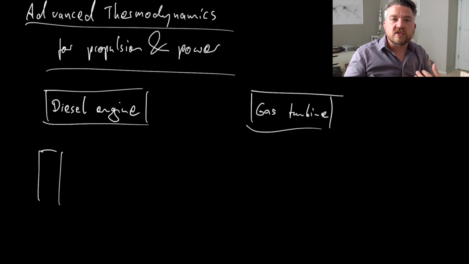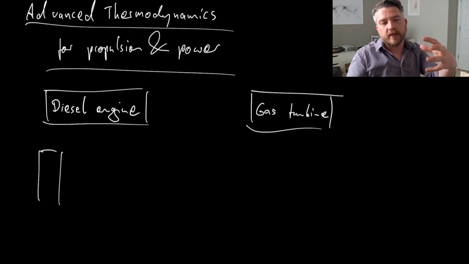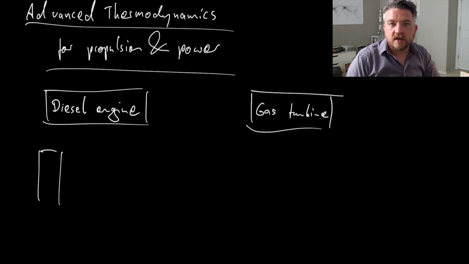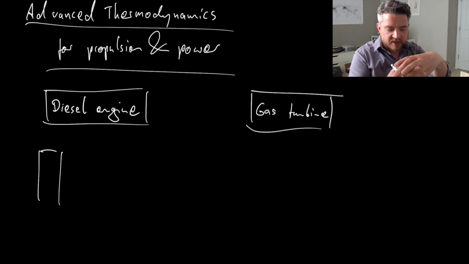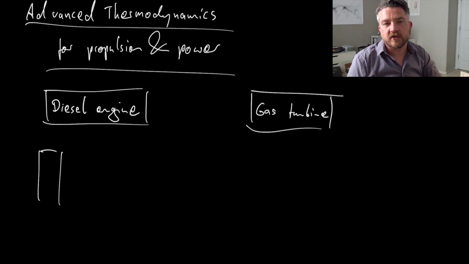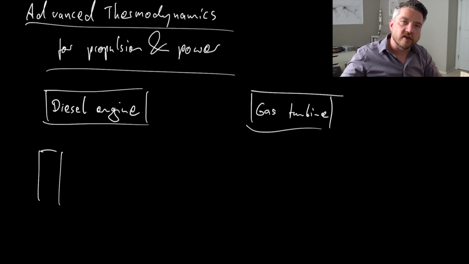The fuel starts to burn without needing something like a spark plug, and then the combustion expands the gas inside of the piston and ultimately creates the force that we then convert to some torque at our wheels.